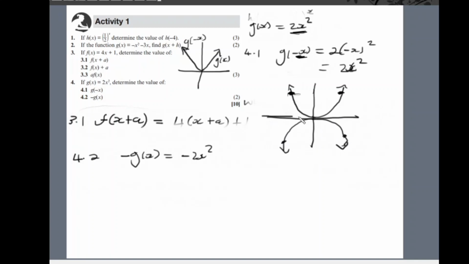A reflection is a mirror image of the original graph. So for minus g of x, the x-axis is the mirror. And for g of minus x, we are using the y-axis as our mirror. Okay, I hope that makes sense.